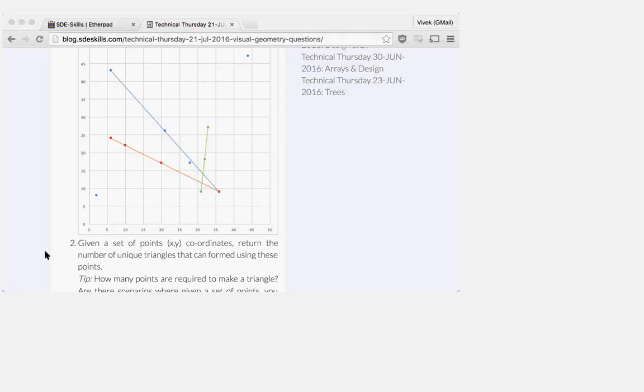Alternatively, I'm just thinking out loud here, if you just put a hash map with the key as the slope, and the points which have the same slope are added into that hash bucket. Well, as I said, they're not necessarily in one line even if the slope is the same.